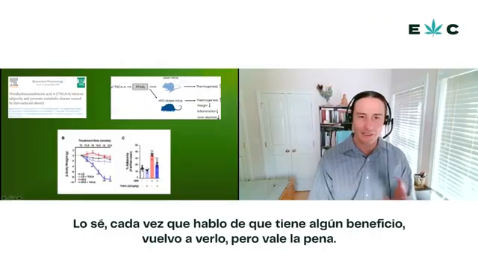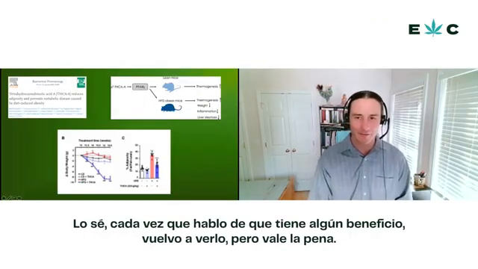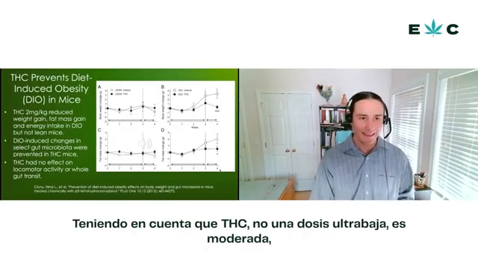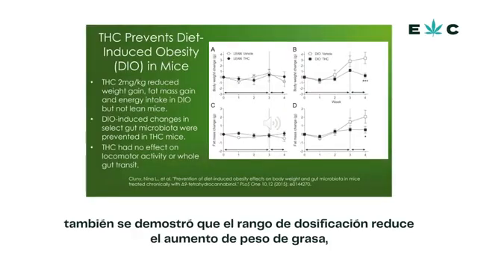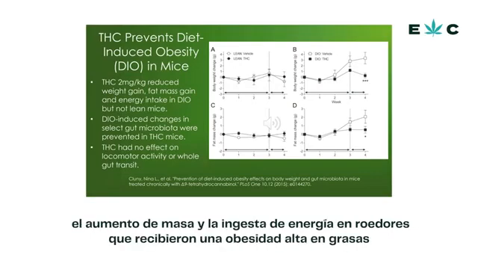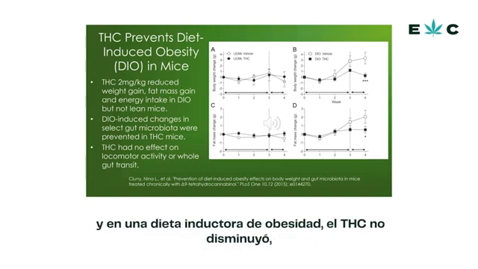I know every time I talk about THCA having some benefit, I switch back to THC, but it is worthwhile noting that THC, not in ultra low doses, kind of in the moderate dosing range, was also shown to reduce weight gain, fat mass gain, and energy intake in rodents that were given a high-fat obesity-inducing diet.